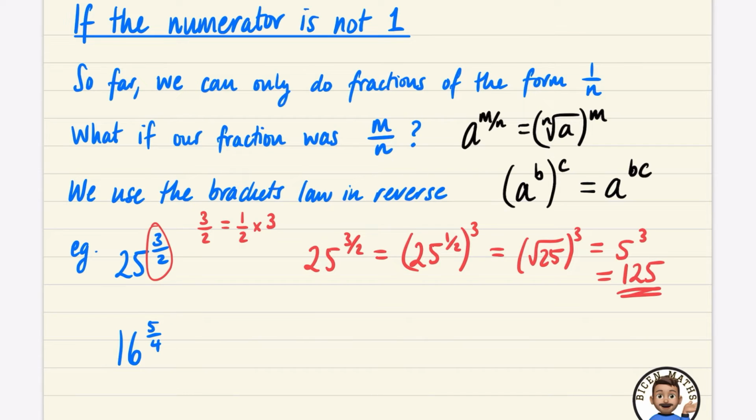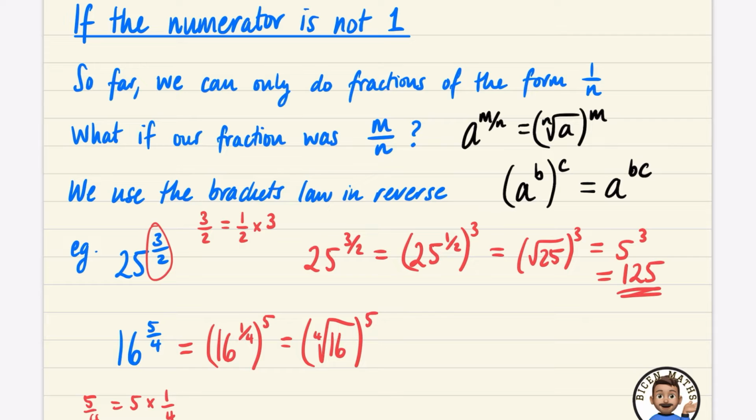So let's try this: 16 to the 5 over 4. Well, we know that 5 over 4 is going to be 5 multiplied by a quarter. 5 quarters is 5 times 1 quarter. So I'm always going to go for doing the rooting part first. So we'll do 16 to the quarter, all to the power of 5. Now the 16 to the quarter, you might not need to write this part, but it's the 4th root of 16, and that's all going to be done to the power of 5.